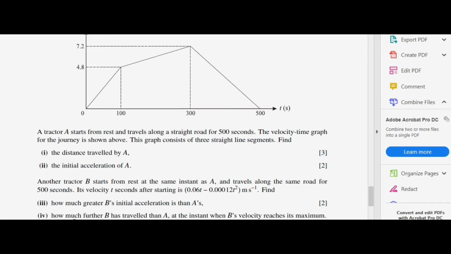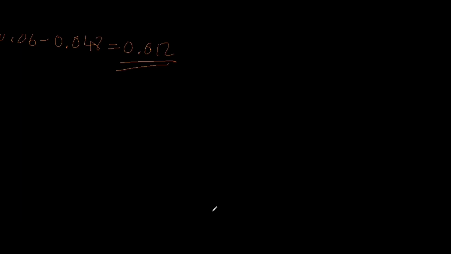So what distance has B traveled when its velocity reaches its maximum? What distance has A traveled when B's velocity reaches its maximum? So how do we know where and when B reaches its maximum velocity? Now, this is where you need to think quite a little.